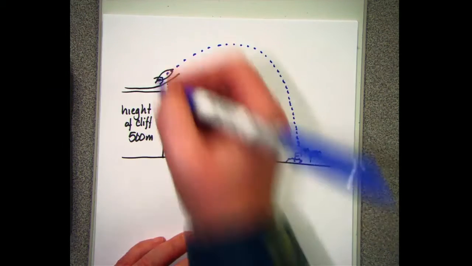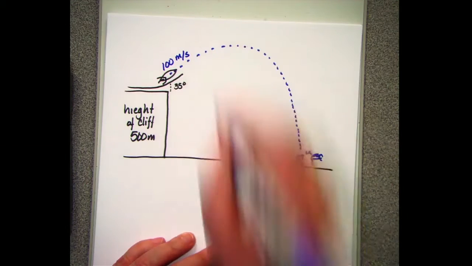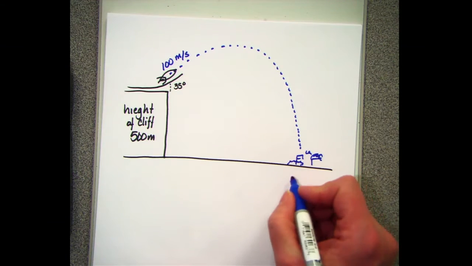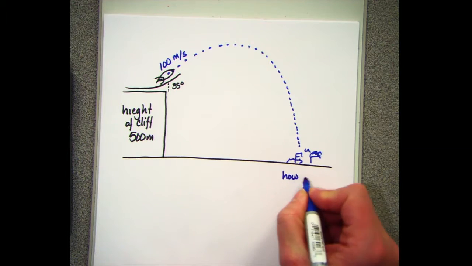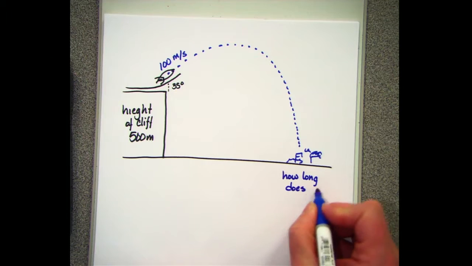So let's say that his rocket is going to go 100 meters per second at a 35-degree angle. And so the first question we might ask is, how long does the Roadrunner have?